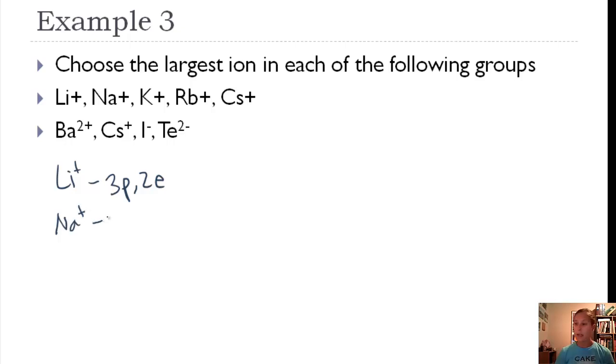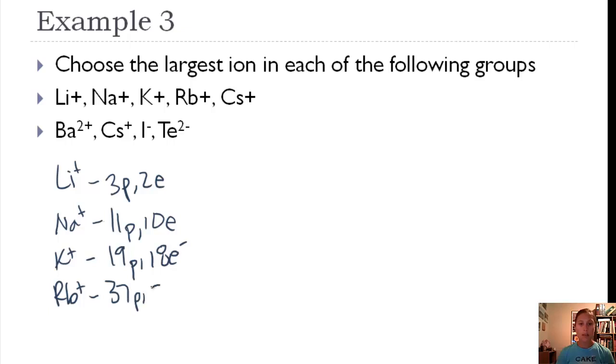Sodium has 11 protons and 10 electrons. The potassium ion has 19 protons, 18 electrons. The rubidium ion has 37 protons, 36 electrons. And the cesium ion has 55 protons, 54 electrons.